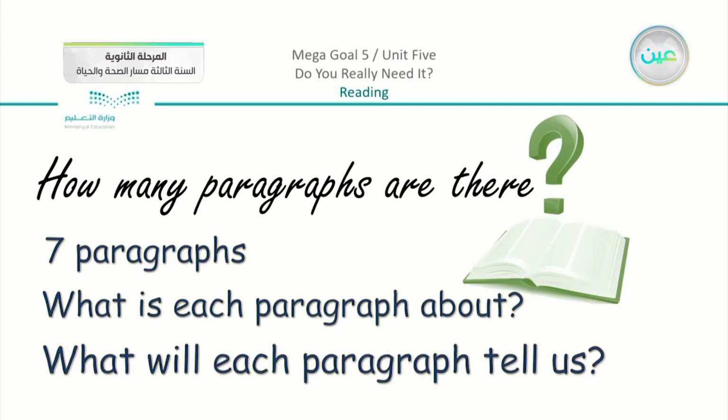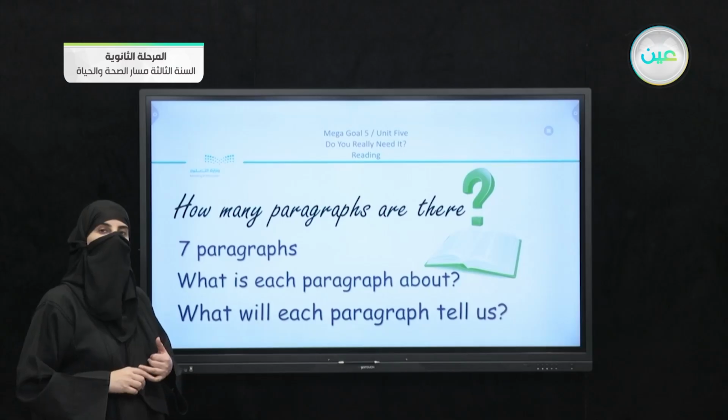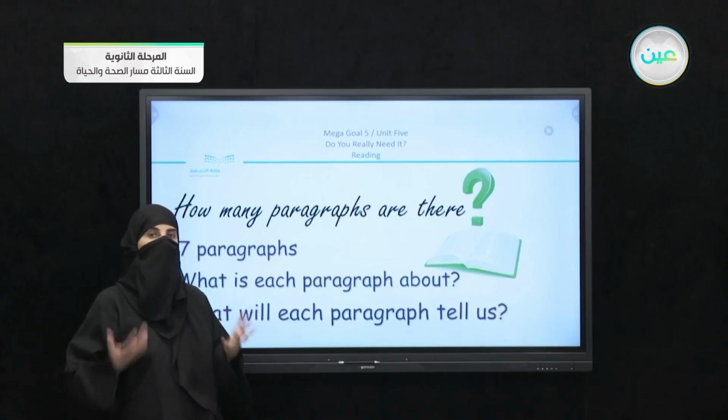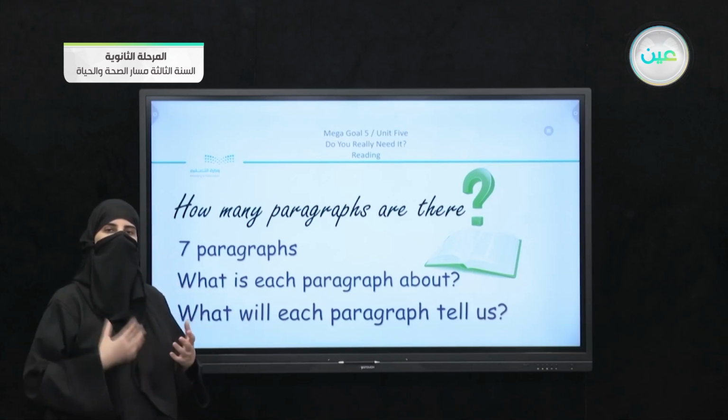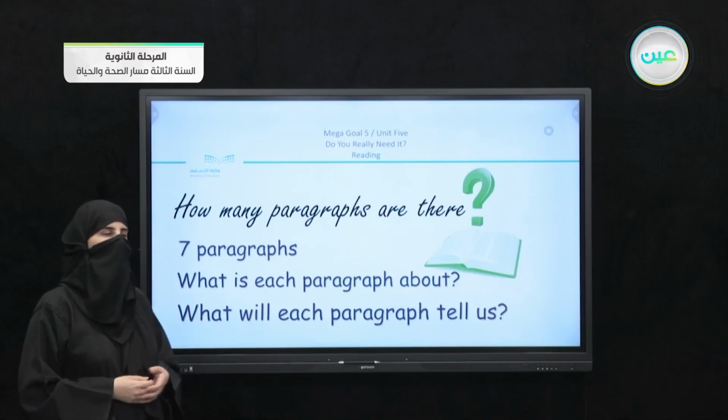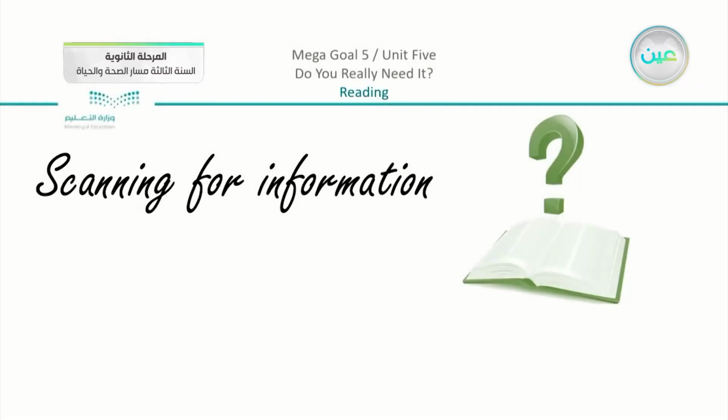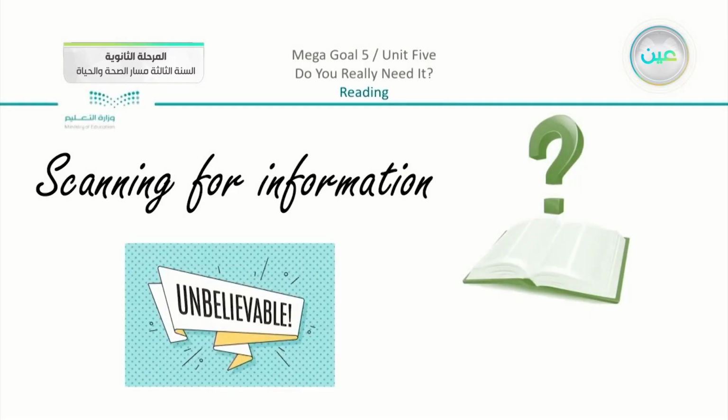So we are going to go through them one by one. We want the main topic and also if there is a question or information that we want. We are also going to see something that might be actually unbelievable as a fact.